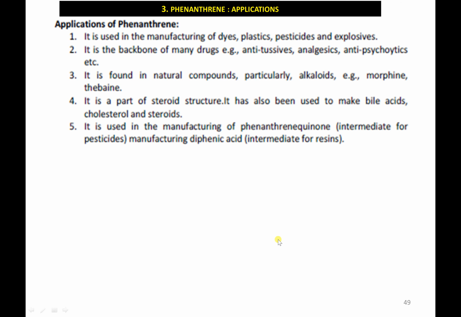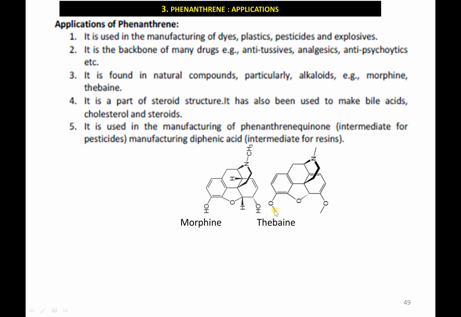Bile acids, cholesterol, and steroids have this skeleton. It is used in manufacturing phenanthraquinone, which is a useful intermediate for pesticides, as well as diphenic acid, which is a useful intermediate for resins. Here we see the two alkaloids, and here this is the phenanthrene.